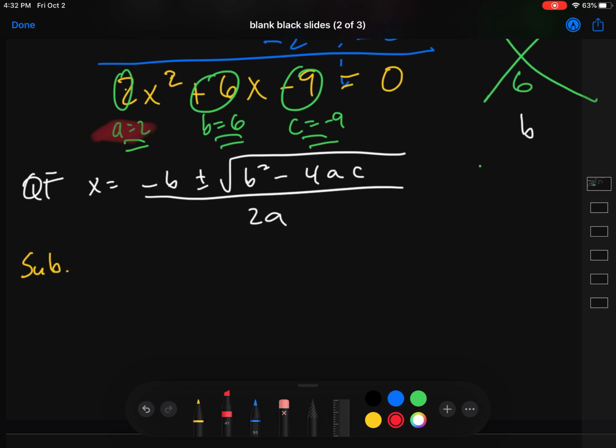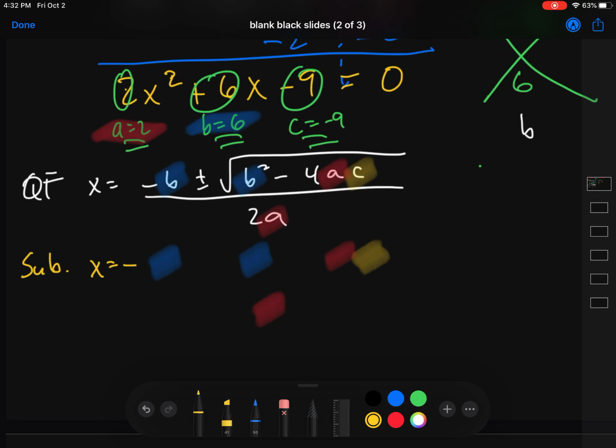My a value is 2, so everywhere I see an a, we're going to put in 2. B is 6, so everywhere I see a b, we're going to do 6. And the c value goes there.